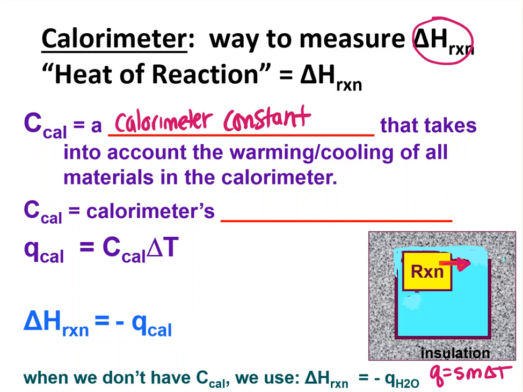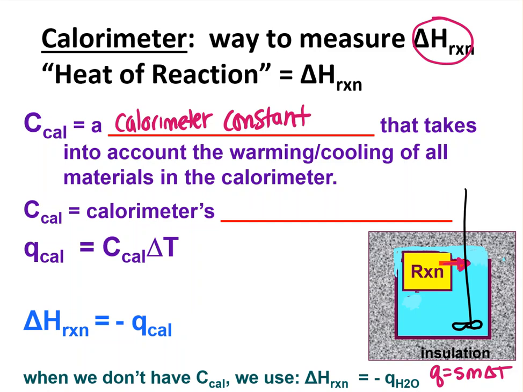And it takes into account warming and cooling of the whole calorimeter, not just the water. So we could do just the water, but it's better if you have a calorimeter constant that takes into account things like if you have a stirrer in here, or a thermometer sticking in there, and also the inside surface of this.